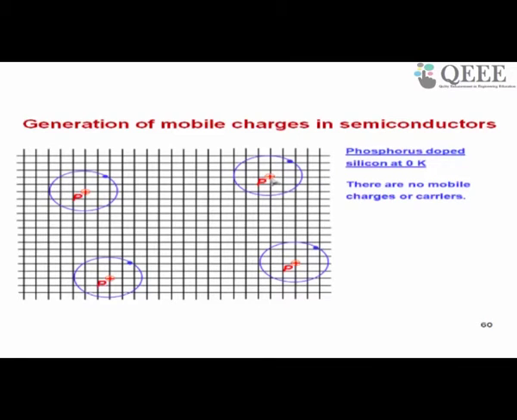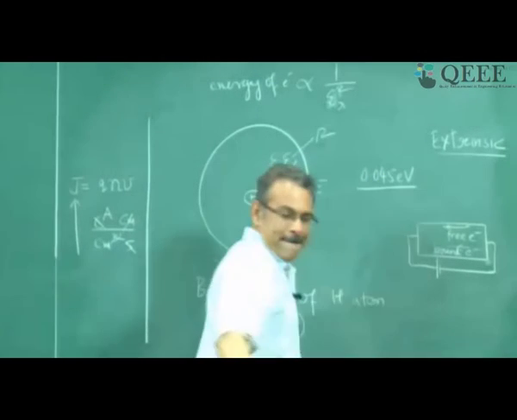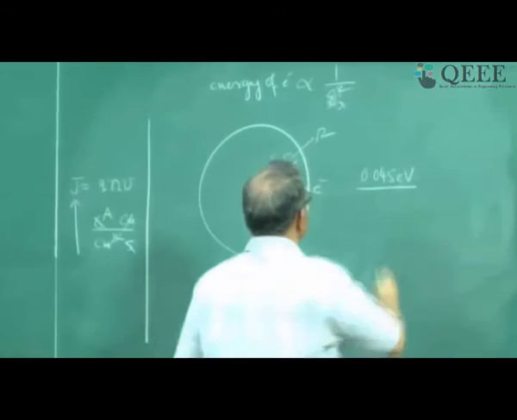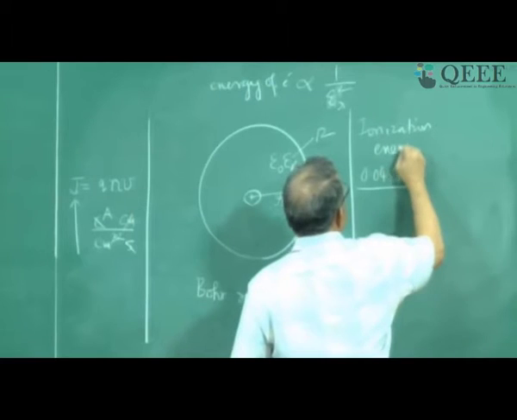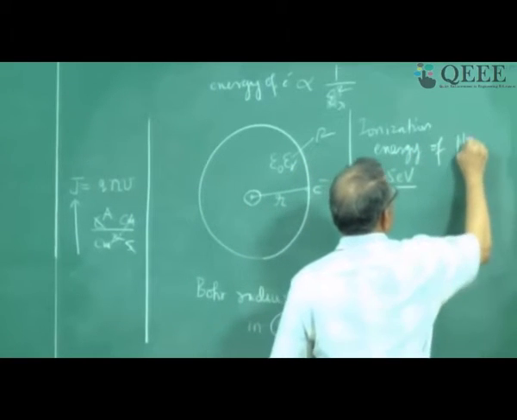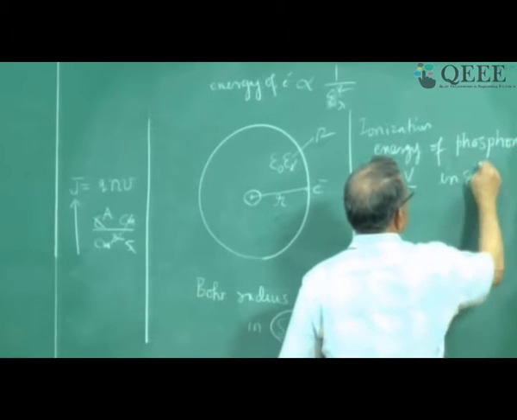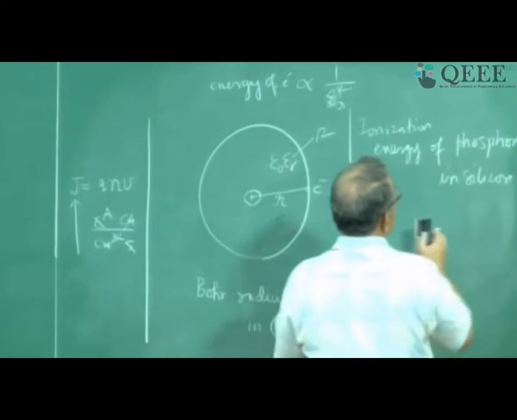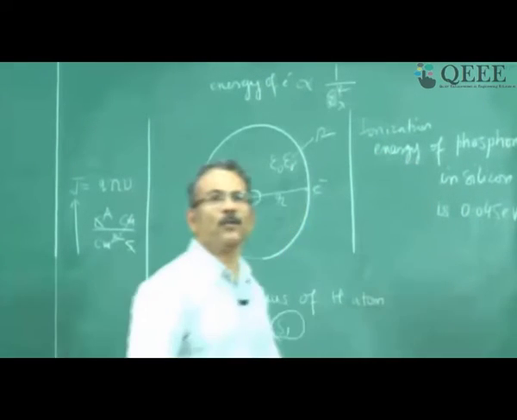Phosphorus atom to the fifth electron bonding energy is 0.045 electron volt.